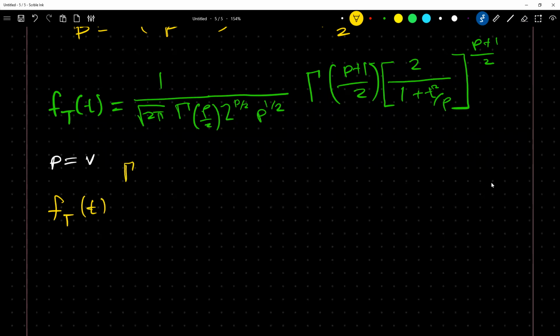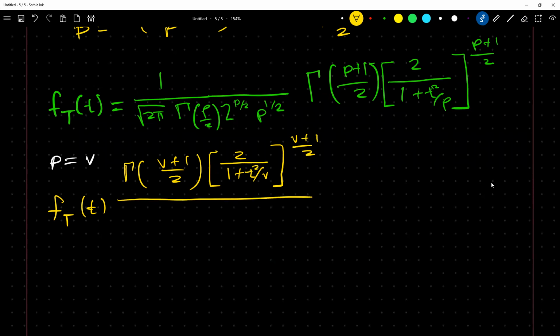We're going to get gamma of (v plus 1) over 2, and then we've got our 2 over (1 plus t squared divided by v), to the power (v plus 1) over 2. And then this is all divided by the square root of 2 pi. There's an algebraic manipulation where we can remove the 2, and that will be a v, but I didn't do it here. And so this is the final product.